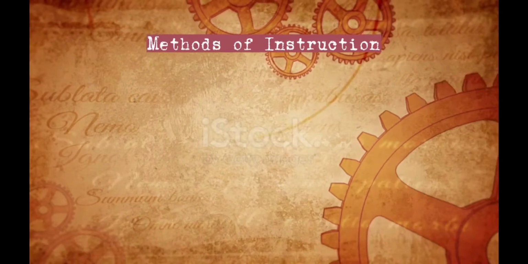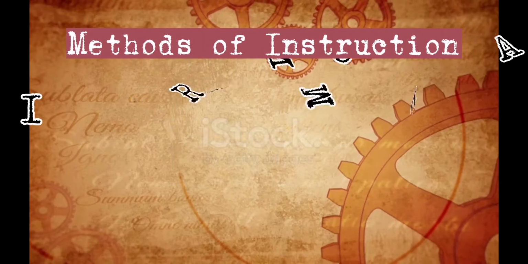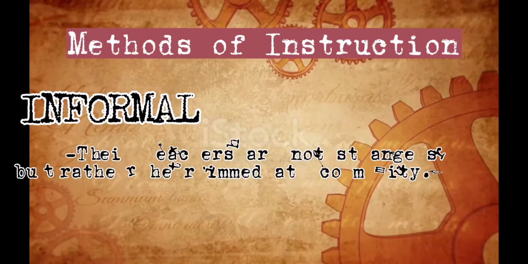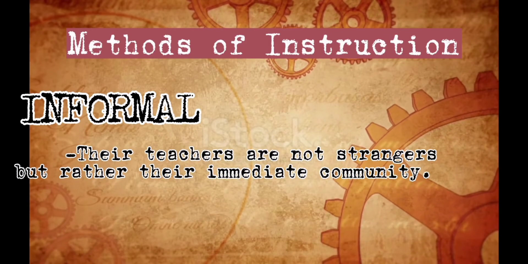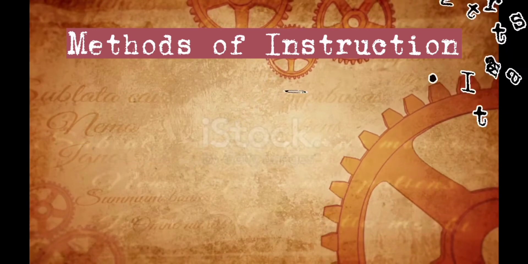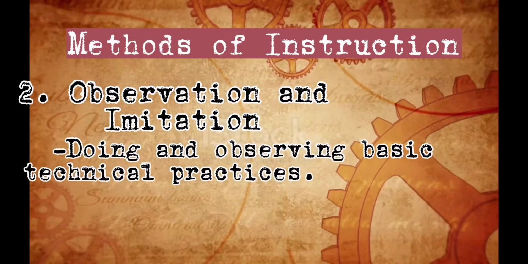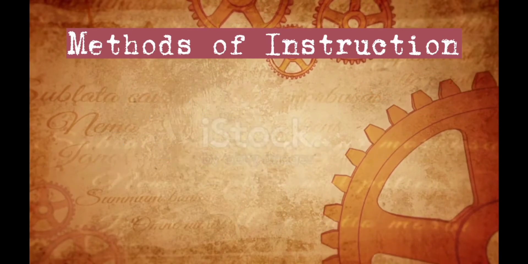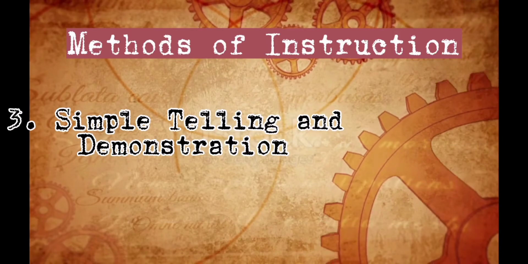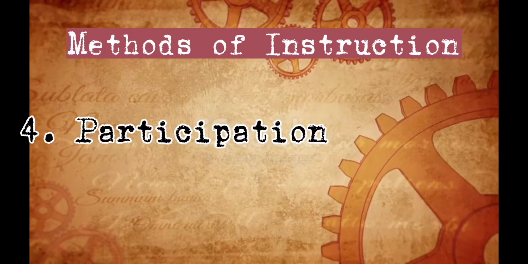They had four methods of instructions. Number 1 is informal, since their teachers are not strangers, but rather their immediate community. Number 2, observation and imitation, doing and observing basic technical practices. Number 3, simple telling and demonstration. And number 4, participation.